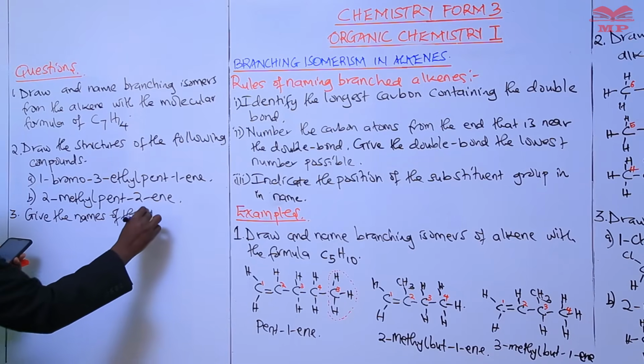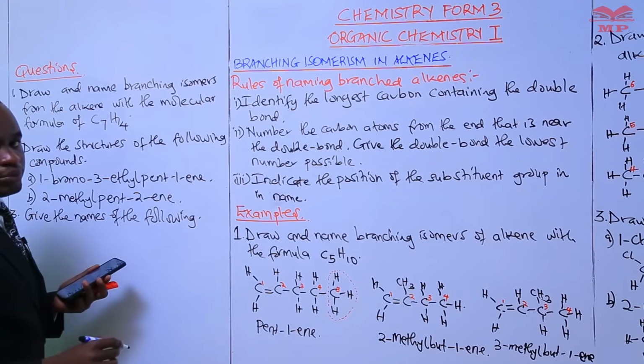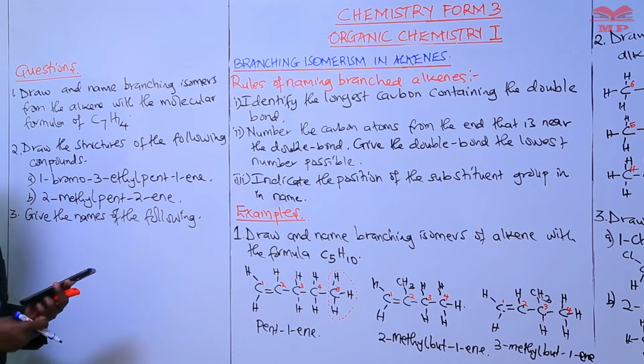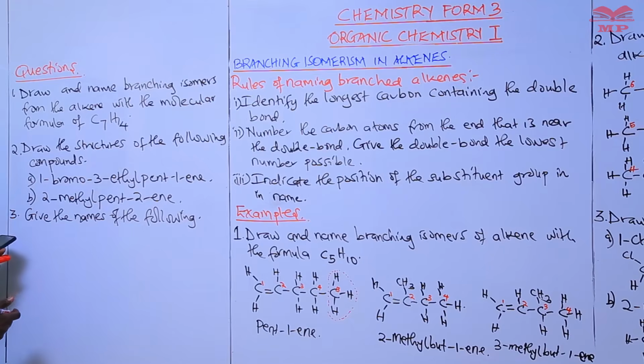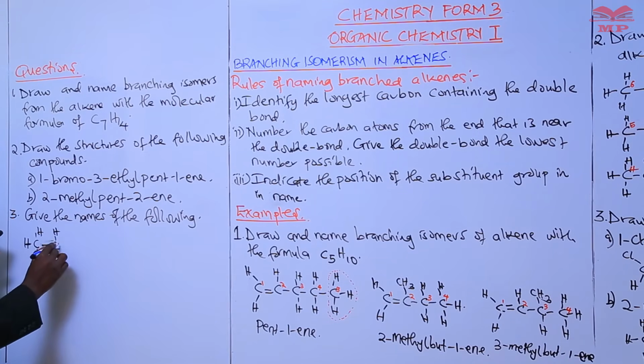The third question is give the names of the following. So in the third question, you have been given the structure, you're told to give the name. So the structures are as follows. We have this carbon atom bonded to 3 hydrogen, the first one.